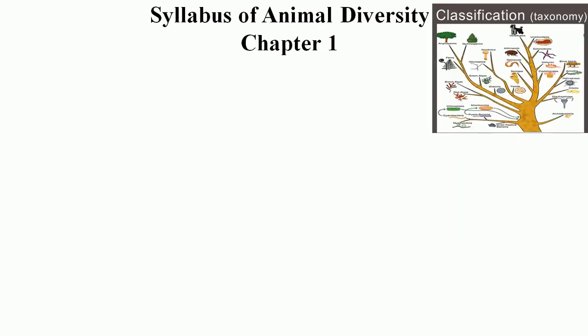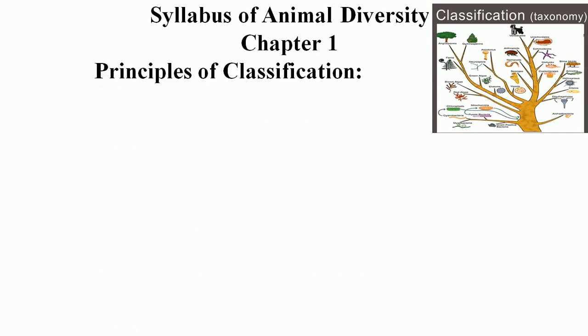Then we quickly go through the syllabus of Animal Diversity First. Which part I take and which part my colleague takes, we will discuss in the syllabus part. Chapter 1 is principles and classification of taxonomy and systematics.